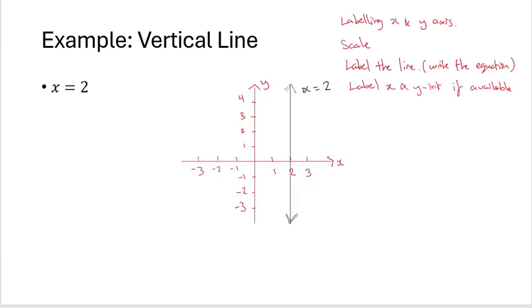Now with this type of line here, there's only the x-intercept. There's not really a y-intercept. So what you're going to do is mark right here where the line crosses the x-axis, aka the x-intercept, and you're just going to label that in coordinate form. So 2, 0. And this is how you will score perfect marks in the graphing. Okay. So you're going to do that every single time.